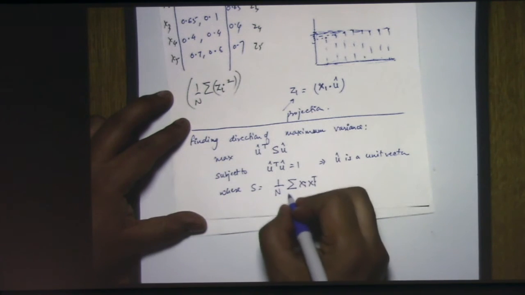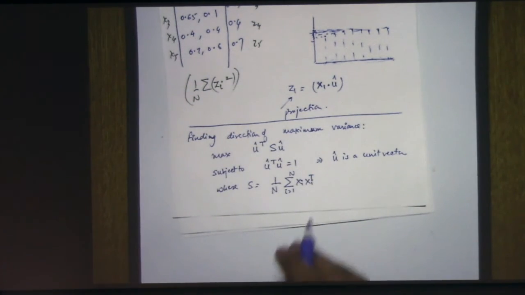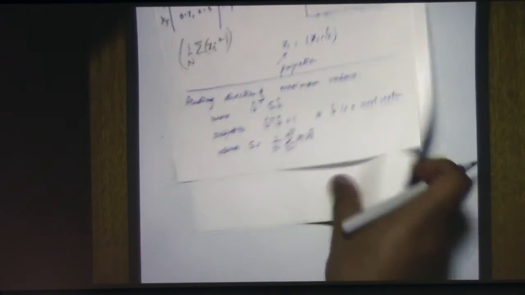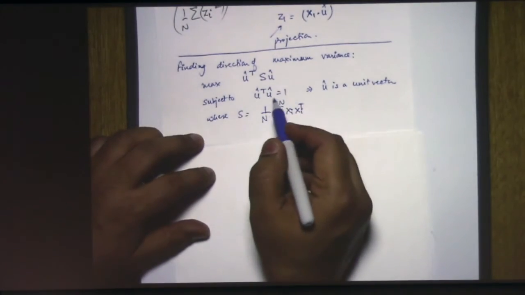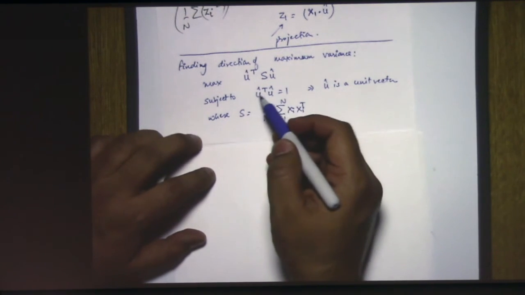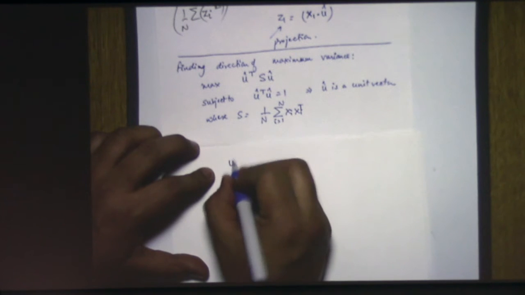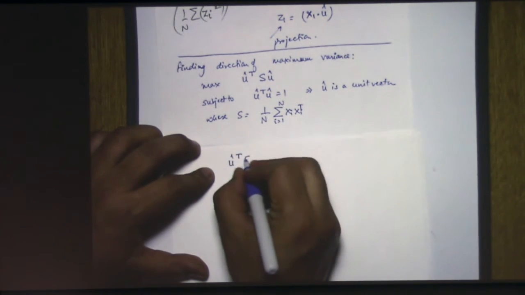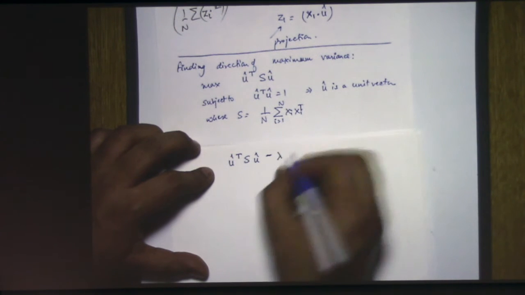You can go back and see that this is how you compute the variance. So how do you do this optimization? Think of this as a constraint. We have seen that the way you solve a constrained optimization problem is to rewrite this with a new objective function in which you introduce a Lagrangian multiplier.